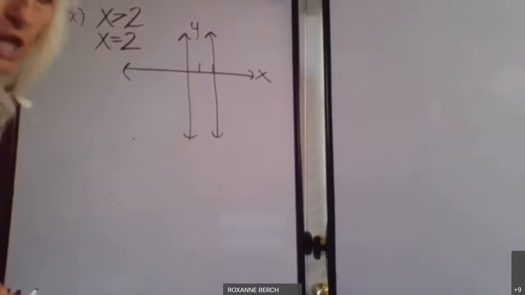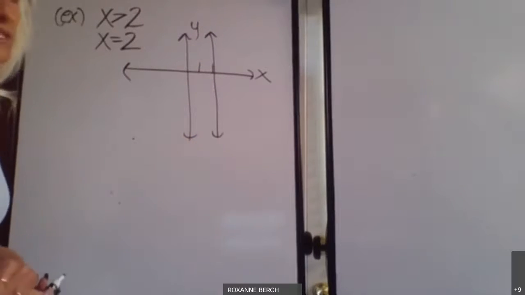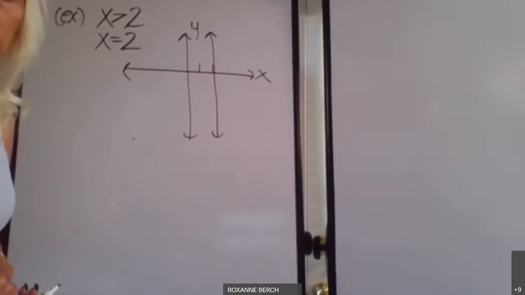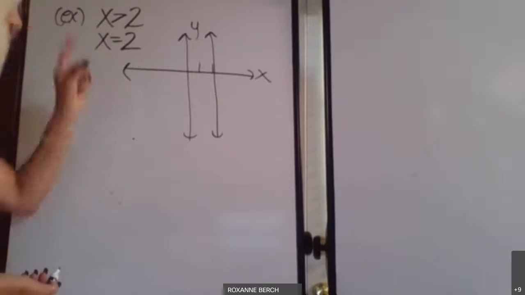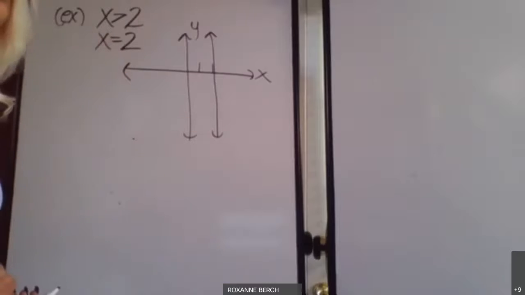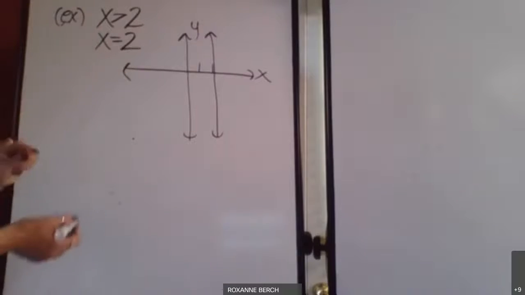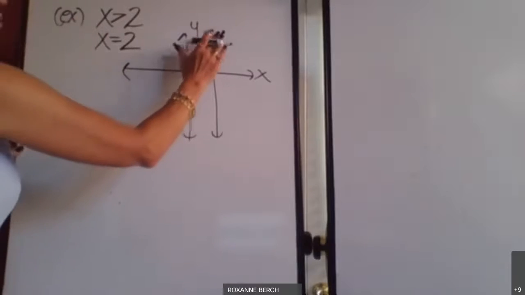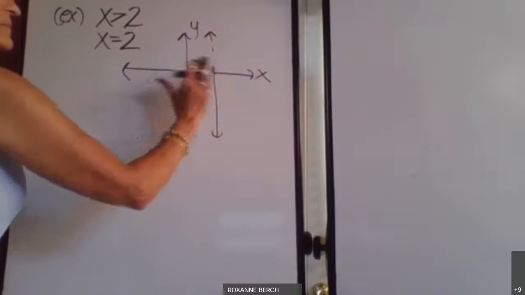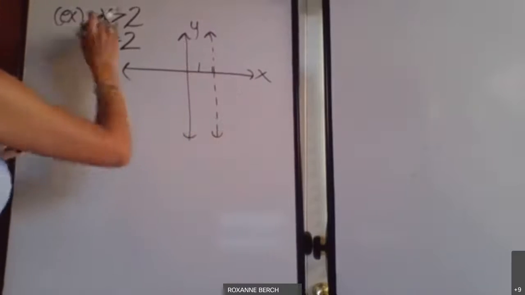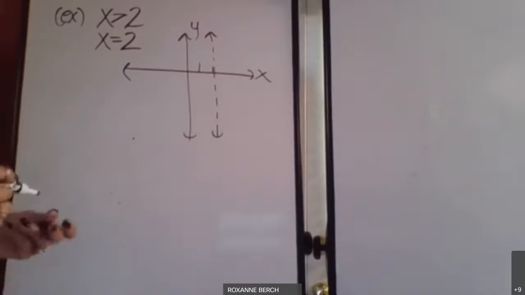So we're not using slope-intercept form. We're not using x and y-intercepts. We're using common sense. So this is a vertical line. So now we look at the problem and go, okay, well, the line is dotted because it's strictly greater than.